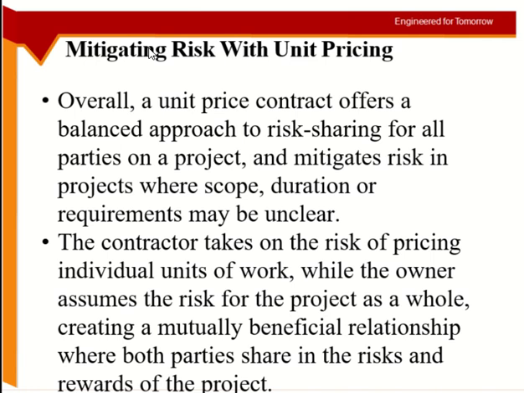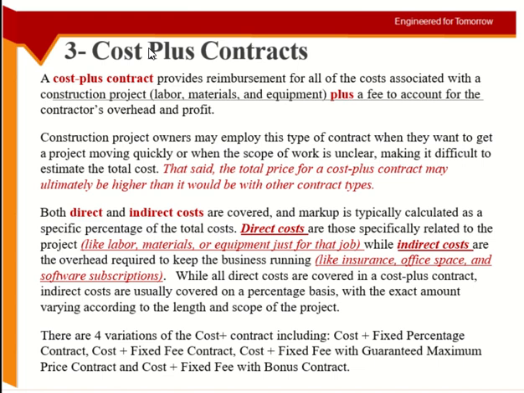There should be a mechanism for how much the unit price can go up and how they will bear it. It is used where the project is unclear. The contractor is paid for units of work rather than the project itself, so it is usually considered better and more efficient than the lump sum contract.